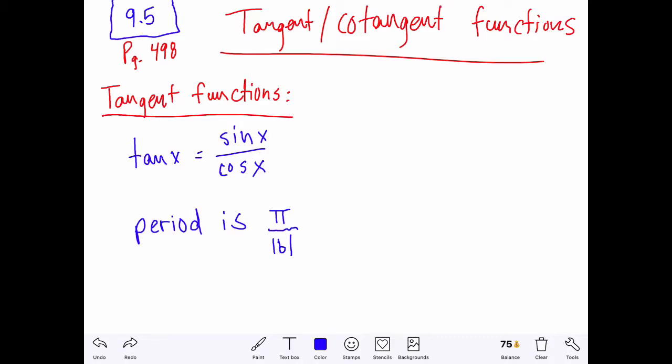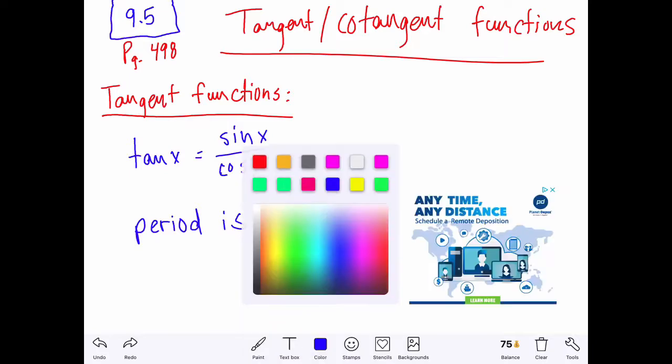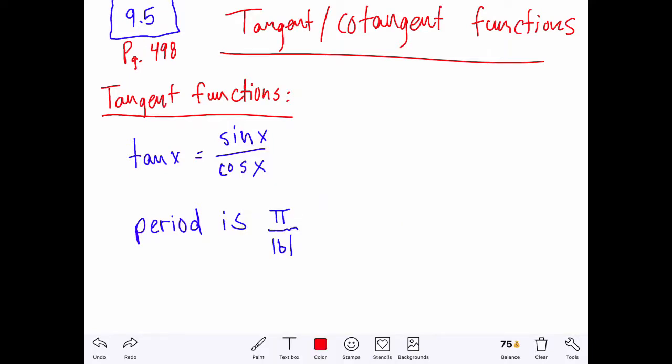Okay, now the key thing we want to look at in the beginning here is that the tangent of x equals sine x over cosine x. If we did, say, the cosine of pi halves, well, what's the cosine of pi halves? Maybe it was sine of pi halves over the cosine of pi halves.